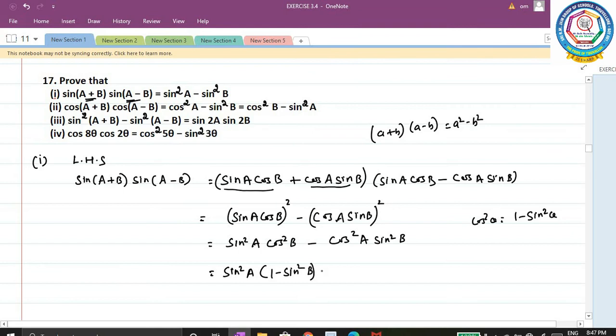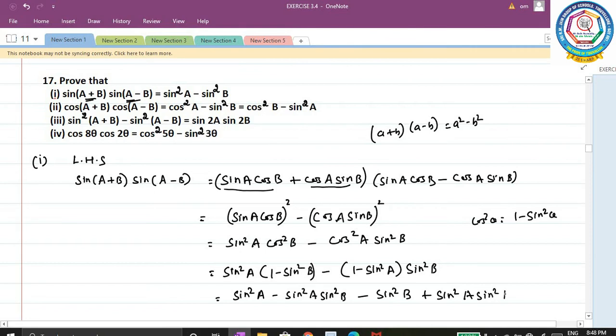Next, minus cos square A, here I am going to write (1 minus sin square A) into sin square B. Next, take the sin square inside: sin square A minus sin square A sin square B, then again minus sin square B, minus into minus is plus sin square A into sin square B.